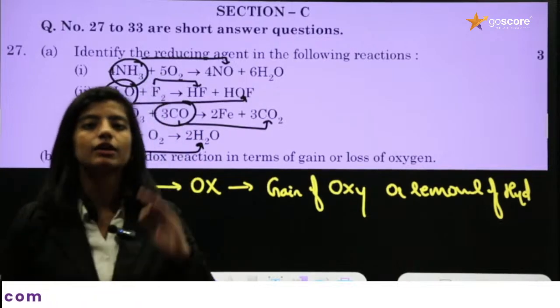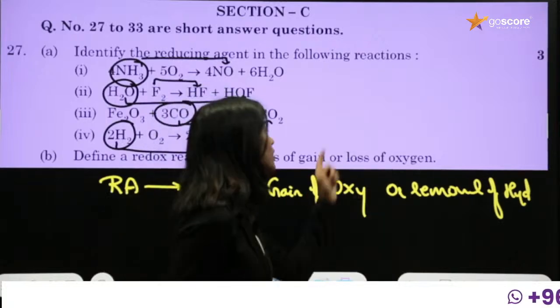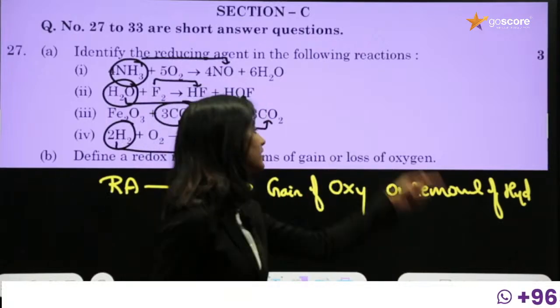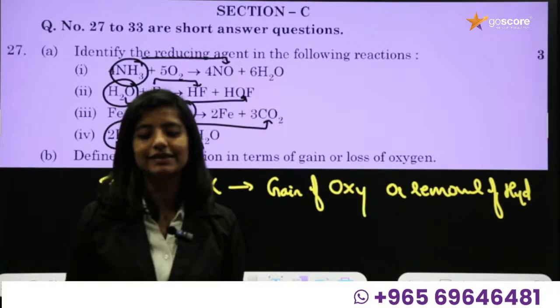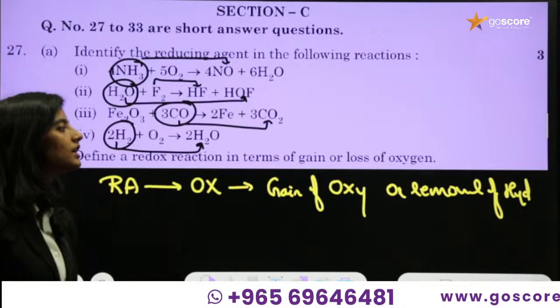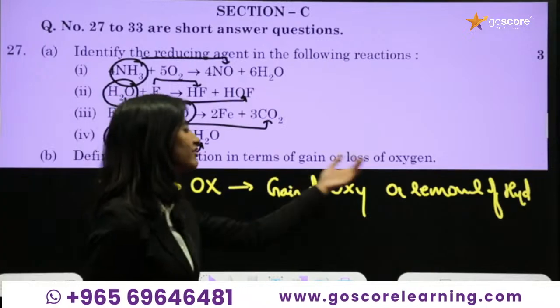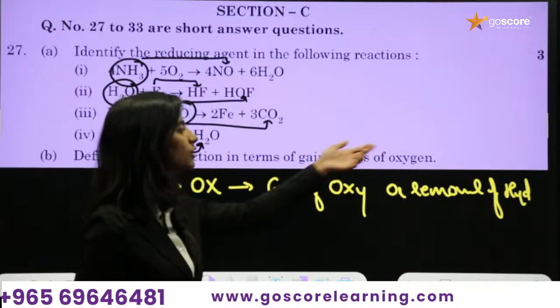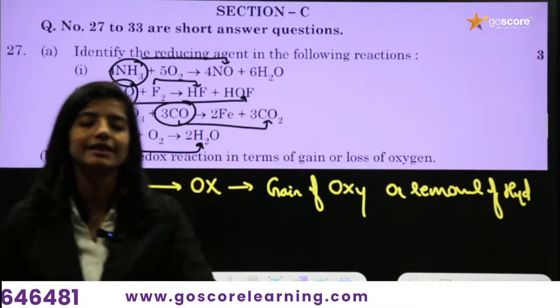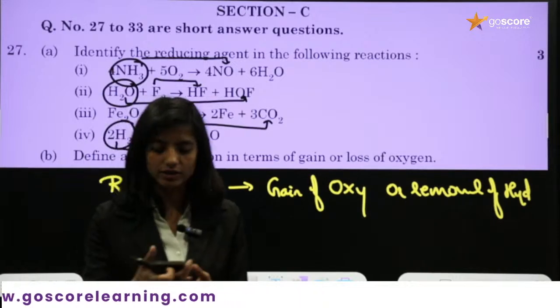So redox reactions are the reactions in which both gain and loss of oxygen take place. That's how you explain the redox reaction in terms of the gain and loss of oxygen. Or else you can write: gain of oxygen is nothing but oxidation, loss of oxygen is reduction. If both take place simultaneously, we call them the redox reaction.